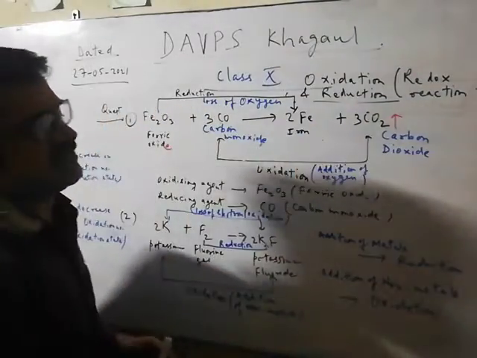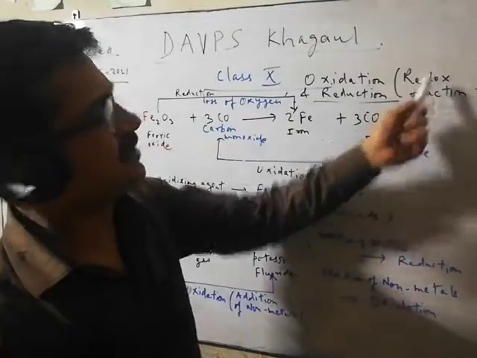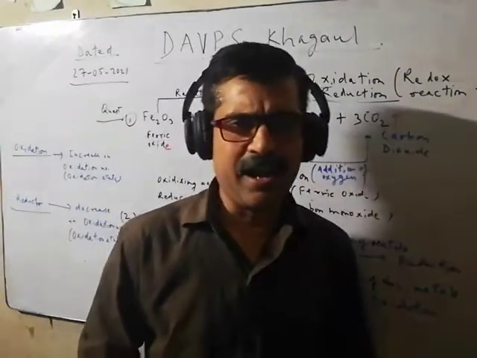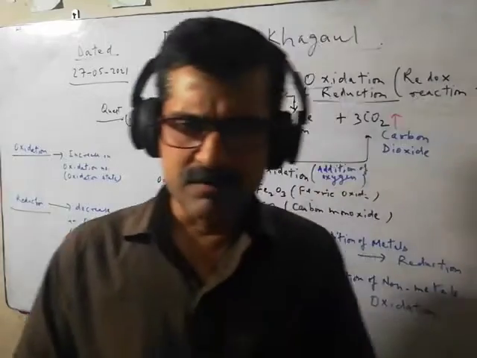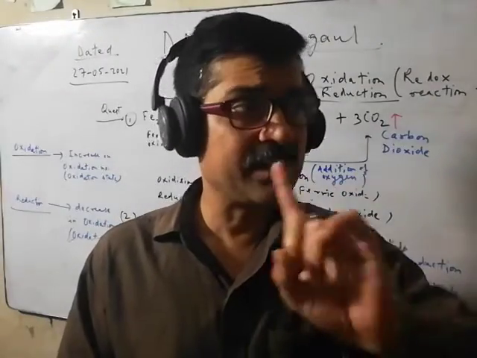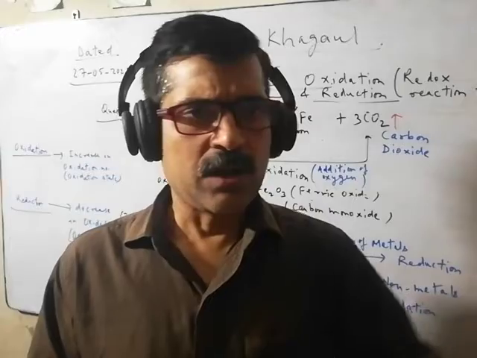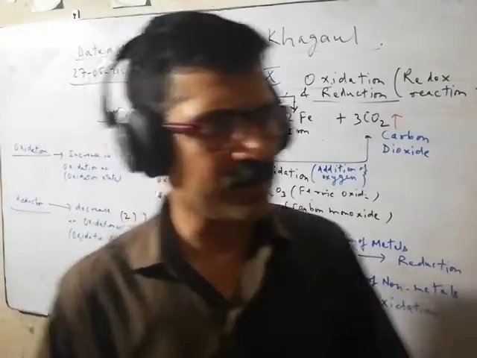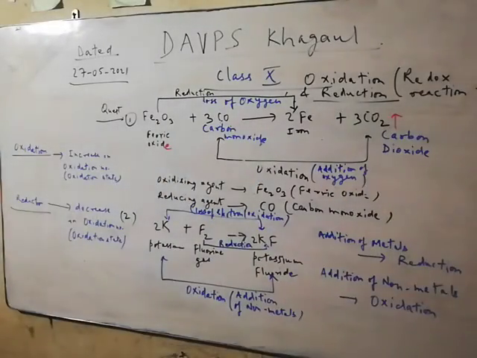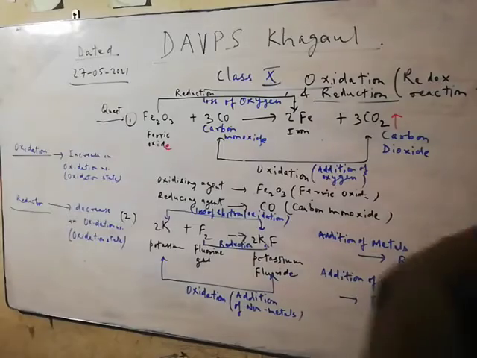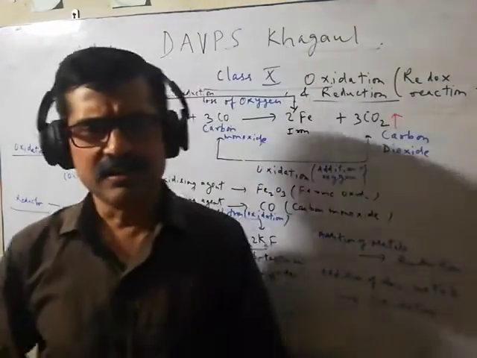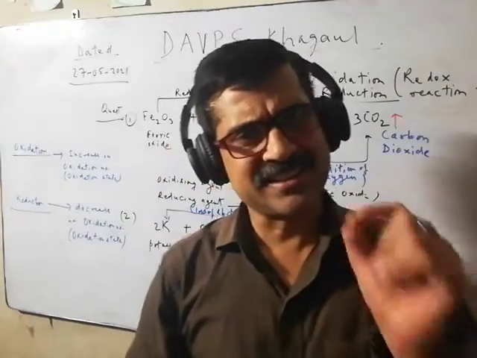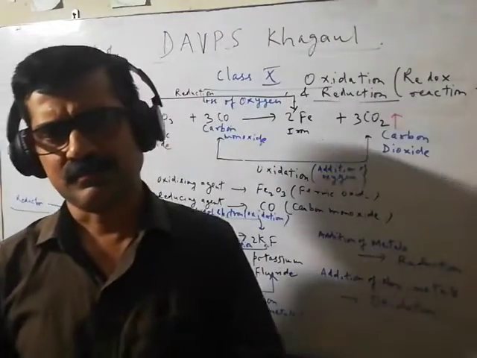This type of reaction is called a redox reaction, and that is the main part of any chemical reaction, because generally all chemical reactions are essentially redox reactions.